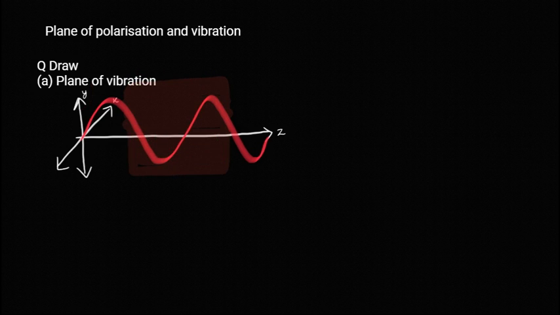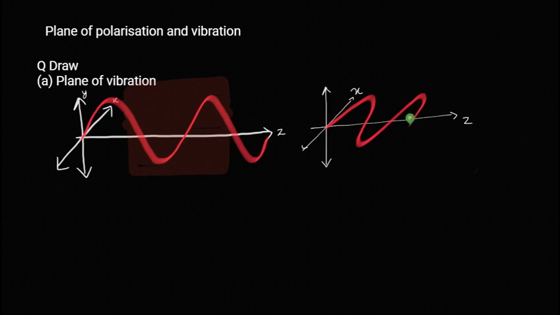Let's take one more example. This time consider your light is polarized along x-axis. Therefore, in this case, the plane of vibration will be along the x-axis. So the direction in which the wave vibrates represents your plane of vibration.